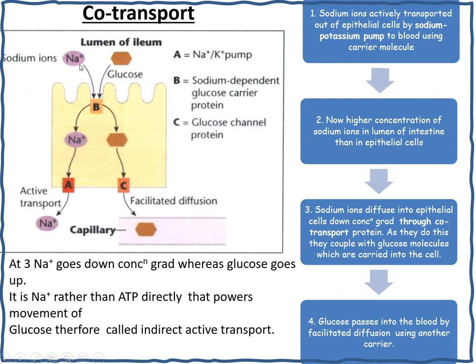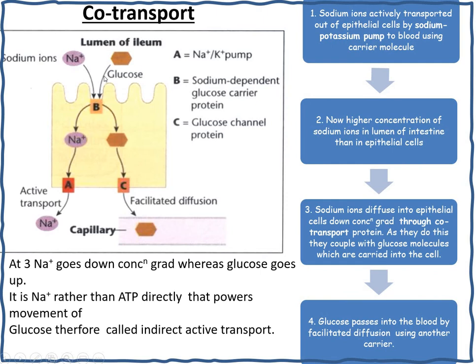Therefore, sodium moves down its diffusion gradient from the lumen into the epithelial cell using a co-transport protein, but at the same time it pulls glucose molecules with it against their concentration gradient. So this is known as co-transport because as sodium moves down its concentration gradient with the co-transport protein, glucose is moved against its concentration gradient into the epithelial cell.